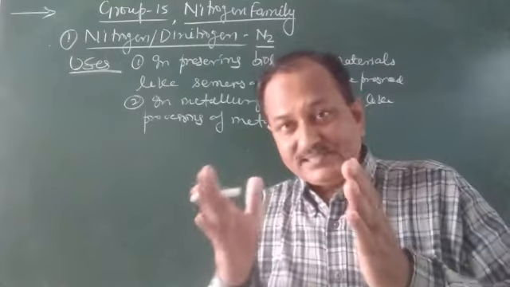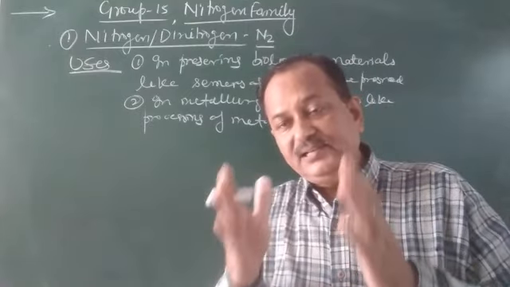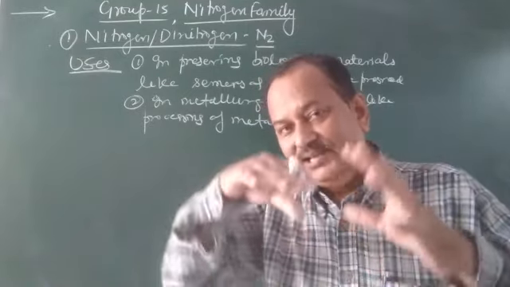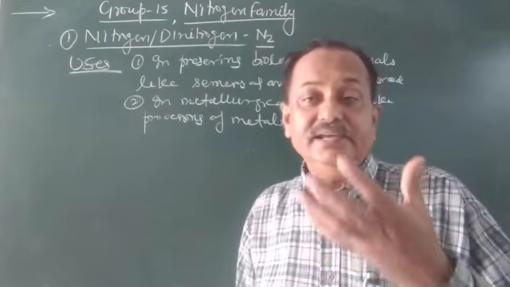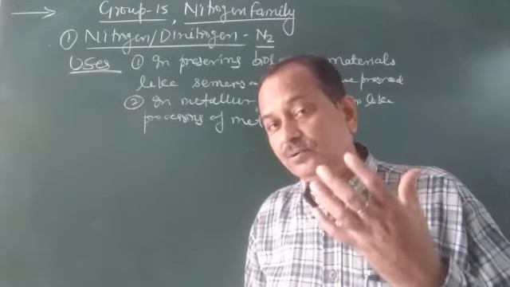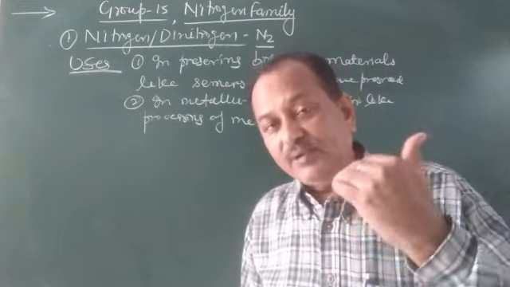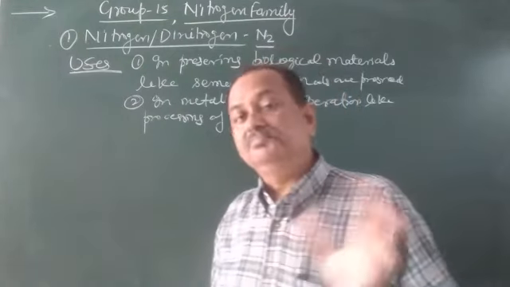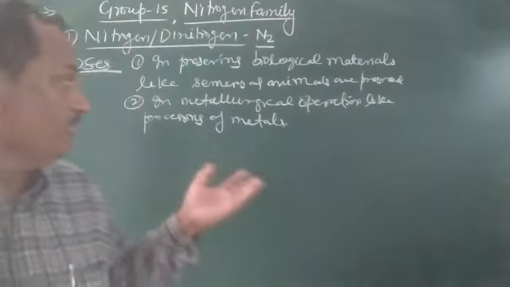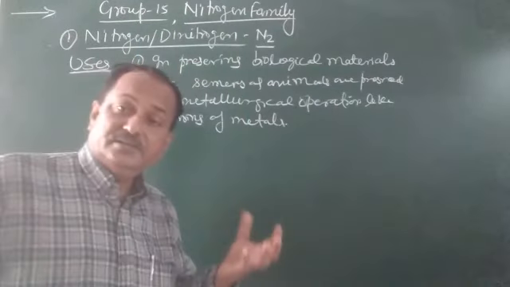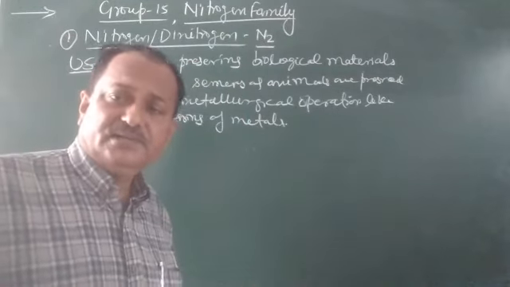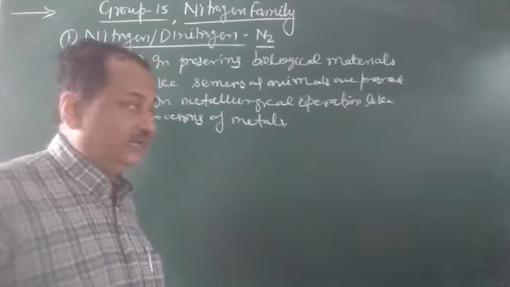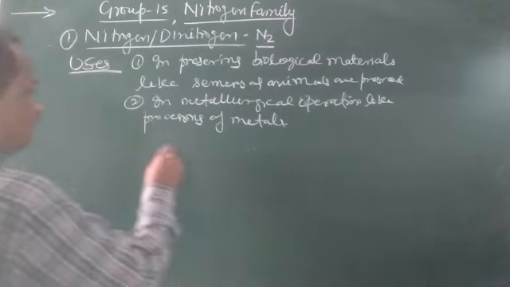So the place where the metals are processed is given an inert atmosphere. How? By providing an atmosphere of nitrogen. Temperature is very high when the metals are molten.